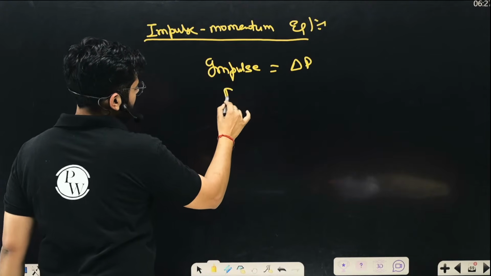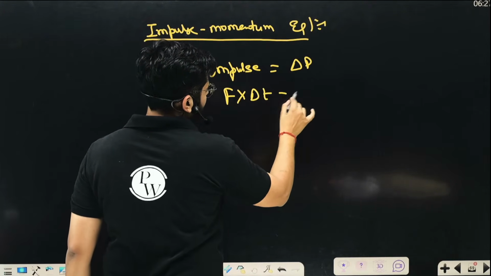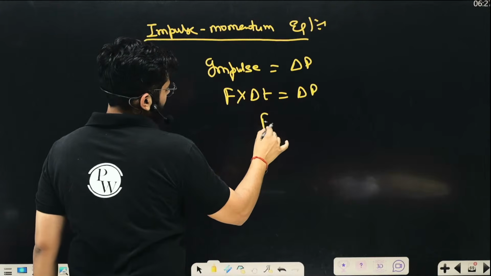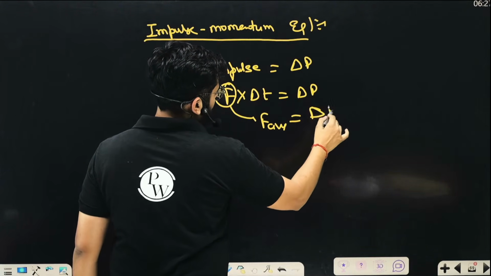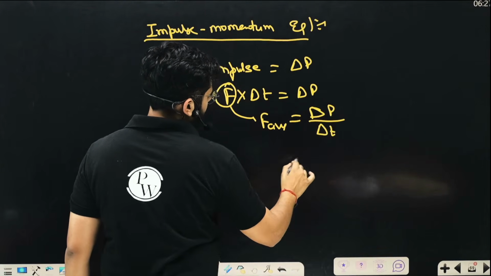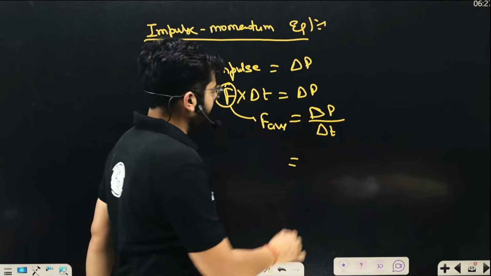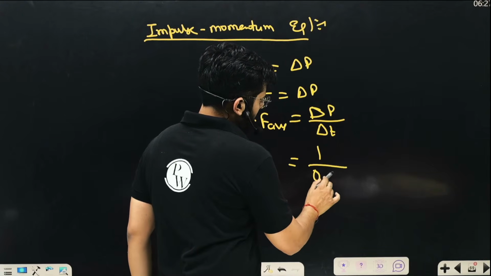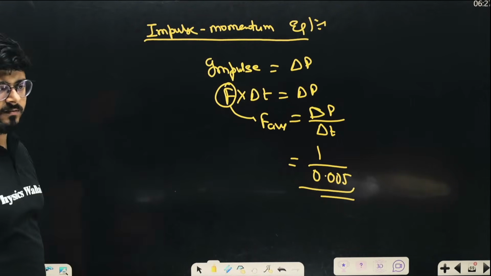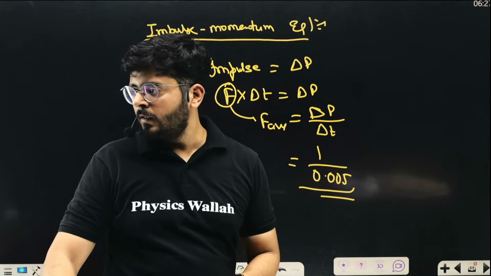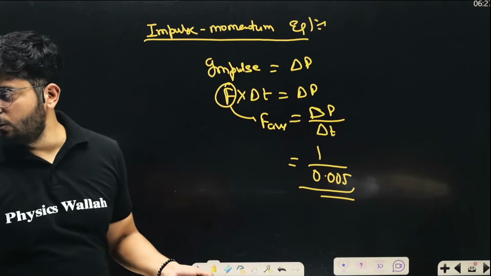Impulse is average force into the time duration, which equals the change in momentum. So the average force acting on the body is the change in momentum upon the time duration. The change in momentum is 1, and time is 0.005. So divide it and you will get the value of average force. I hope the idea is very clear.